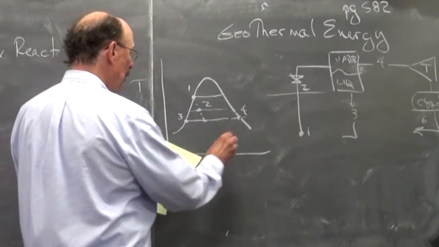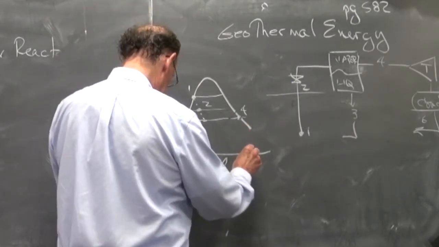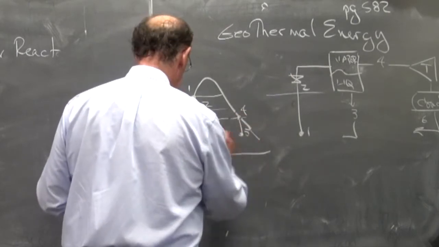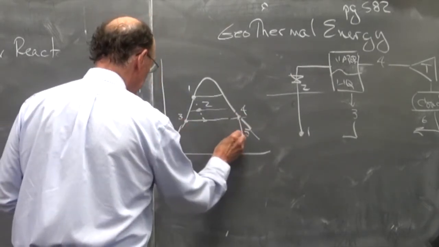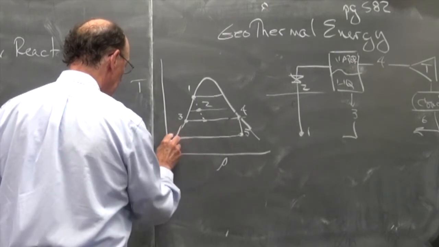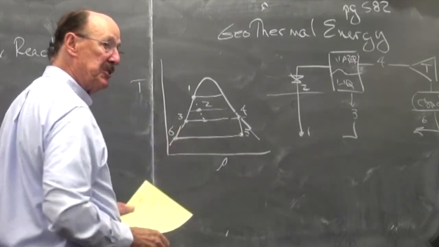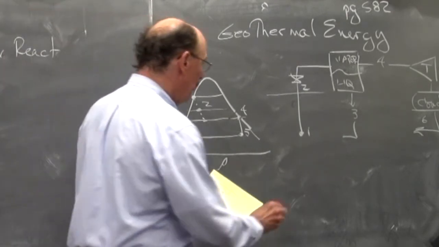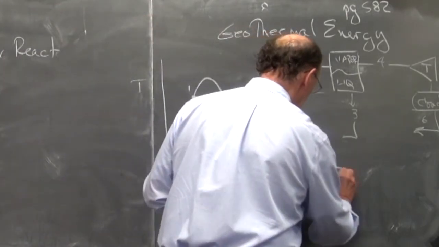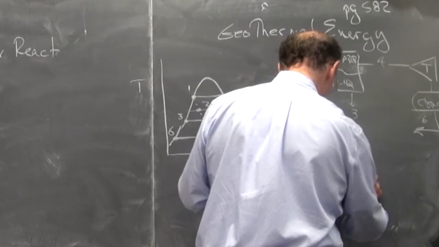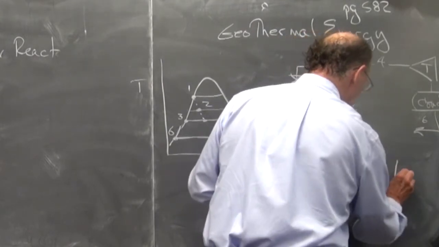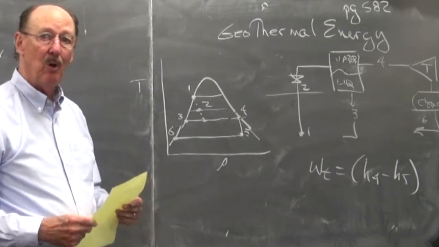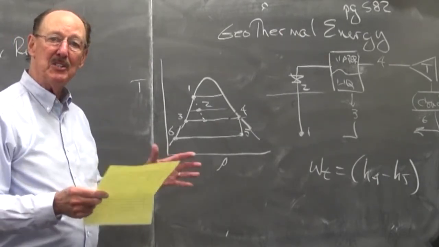And then from 4, I expand to 5, and I can condense to 6. There's no cycle, so it isn't repeating itself. So then the turbine work is H4 minus H5. So that isn't much. But the question is, where are these things located?